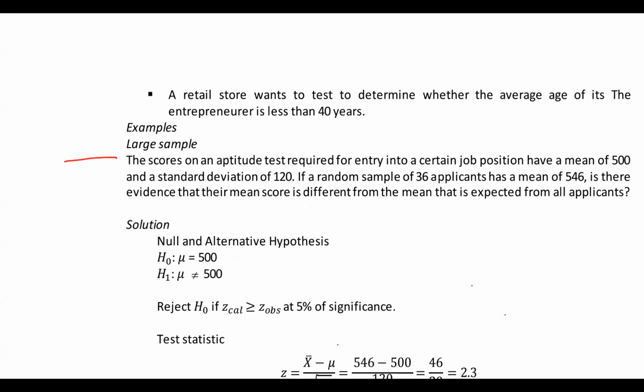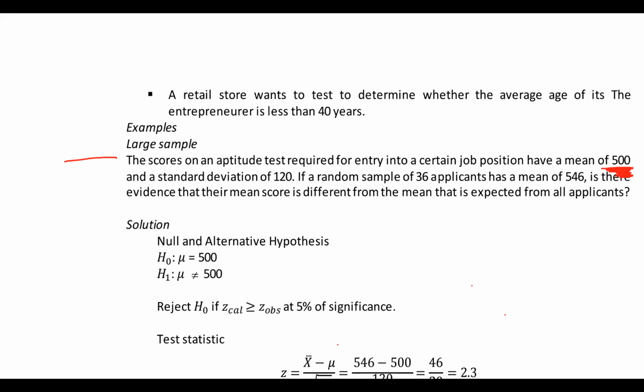Okay, so now here is the example that we are given. We are told that the scores on an aptitude test required for entry into a certain job position have a mean. This is what is existing.